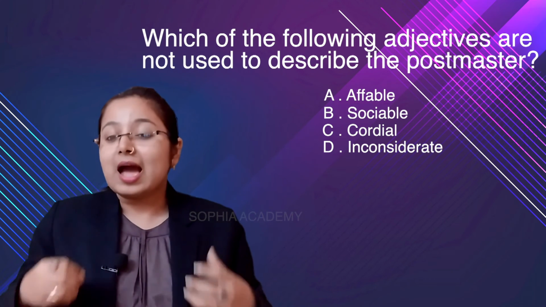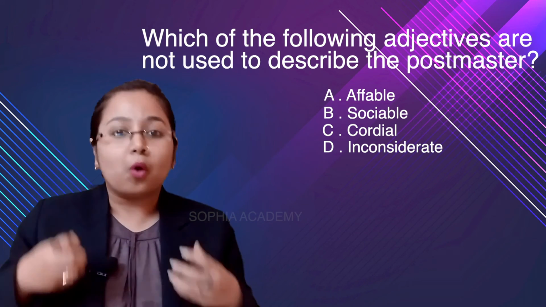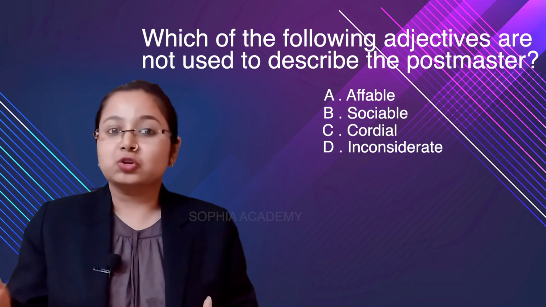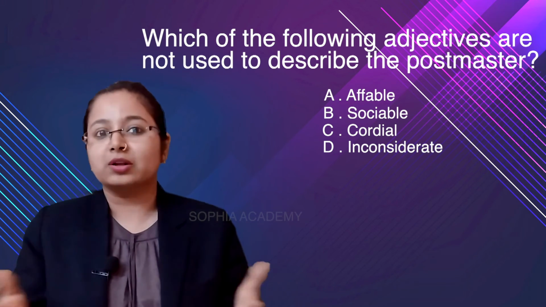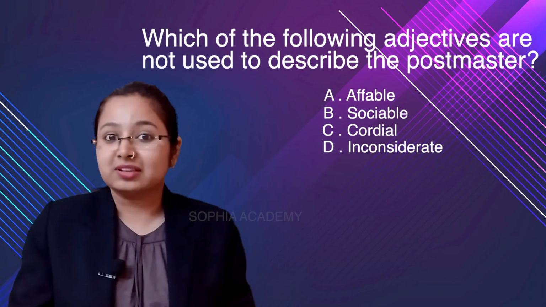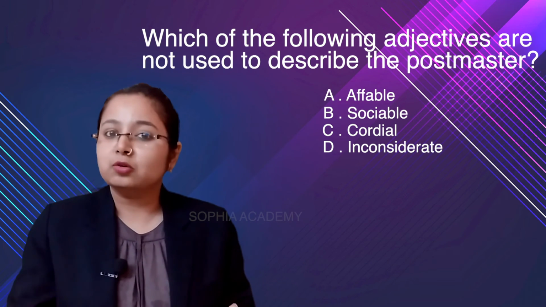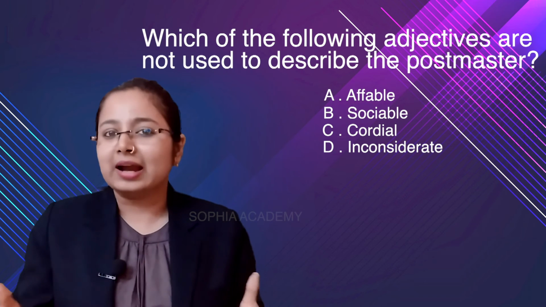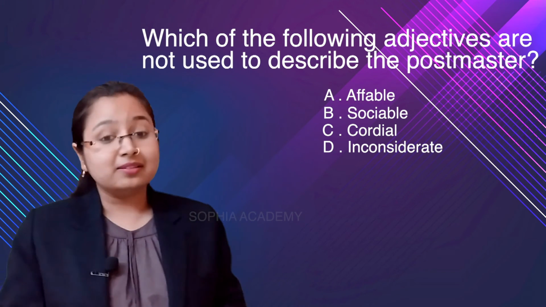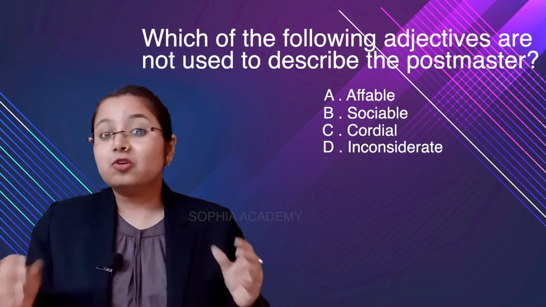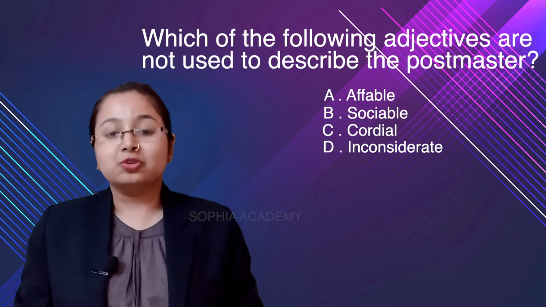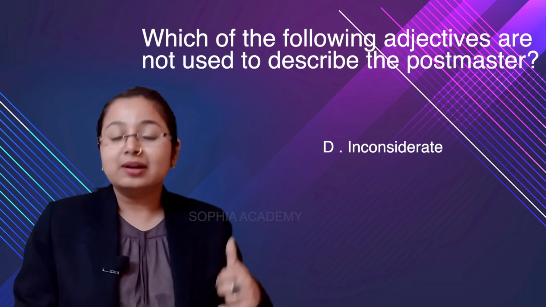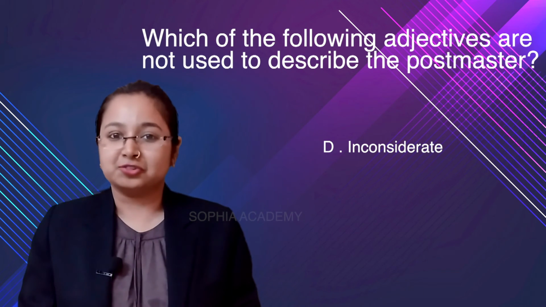Affable means amiable. That means he wanted to help Lencho. Sociable also, he was a social person. He wanted to help him. Option C, cordial, also means the same, that is kind-hearted. And option D, inconsiderate. He was not inconsiderate. He was not at all cruel.